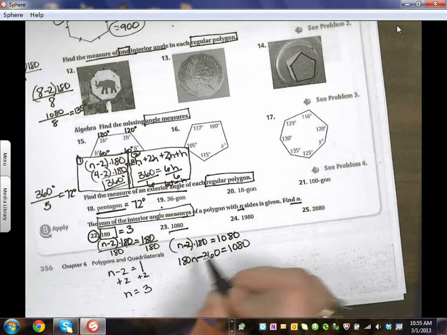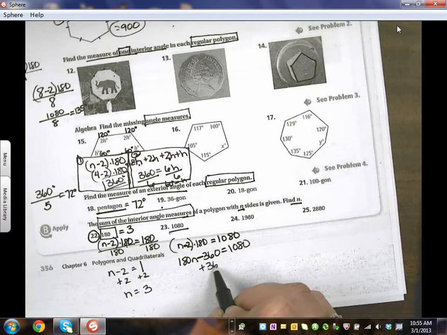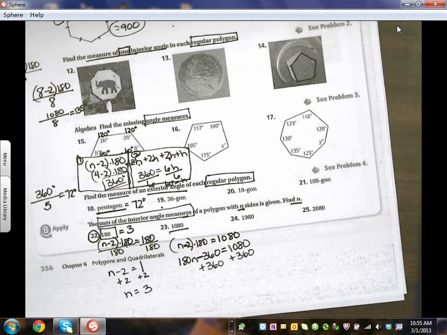It's minus, Tammy. We subtract. So now we're going to add 360 to both sides. 1080 plus 360 equals 1440.